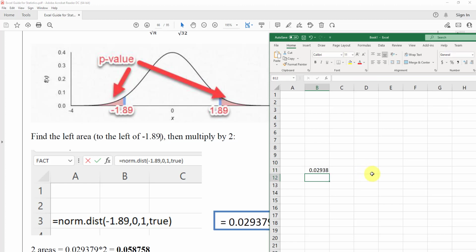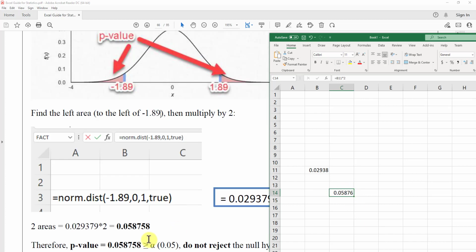I hit enter, and this is my area on the left side. Now because I have two tails, I just multiply by 2. I take whatever value I have here and multiply by 2, and that is my final answer, 0.058758. You round it.